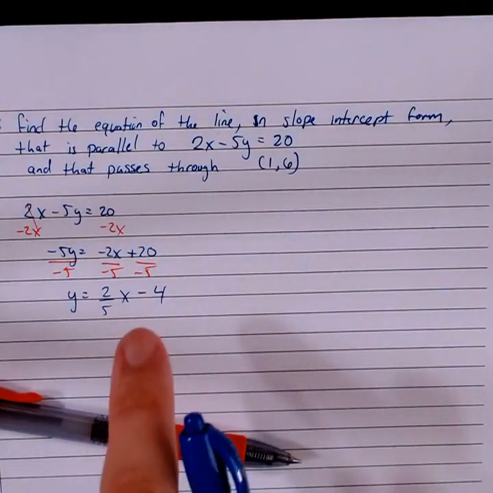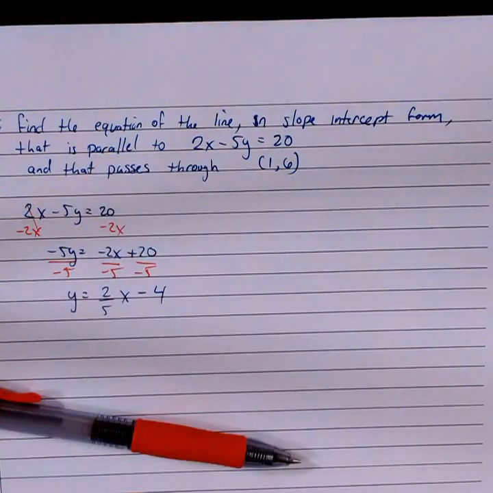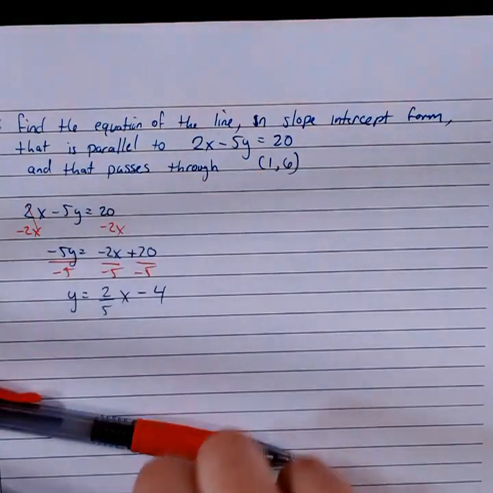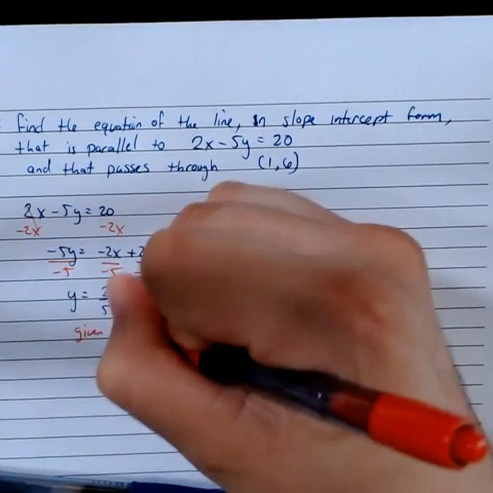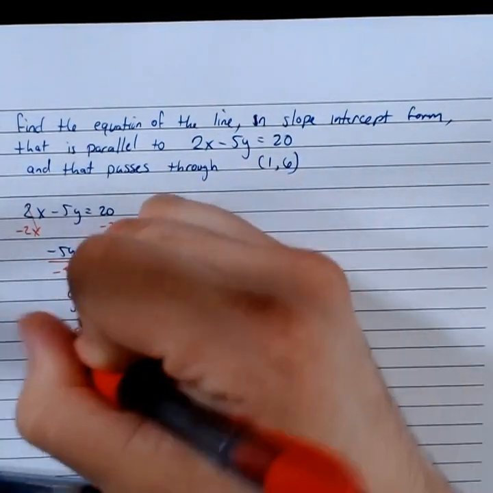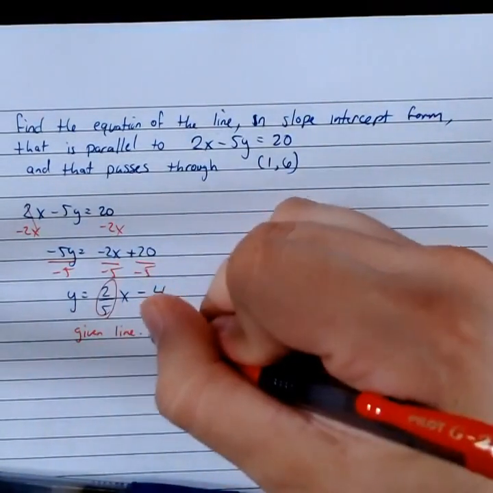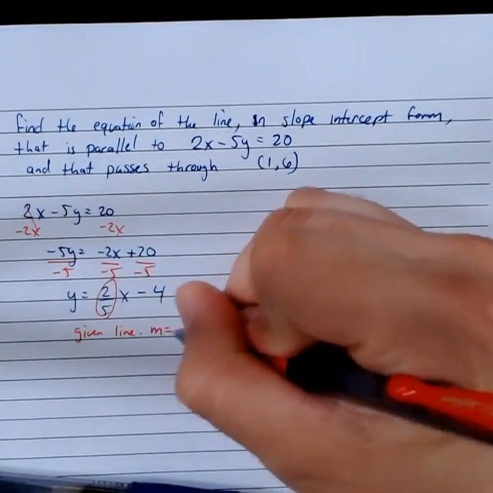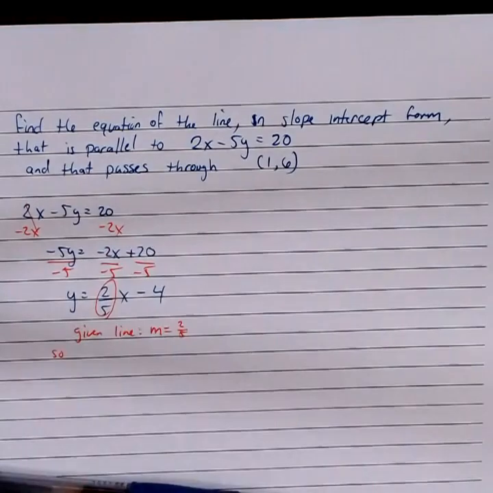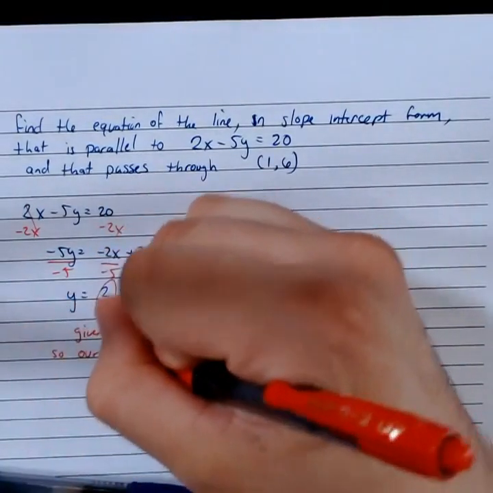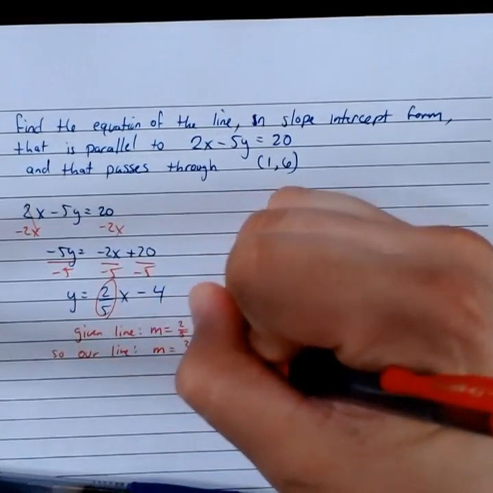However, the equation that we're given is going to have, because it's parallel, the same slope as the line that we want. So here, this was the given line. But because the given line has a slope of 2/5, that means that the line we want, so our line, will also have a slope of 2/5.